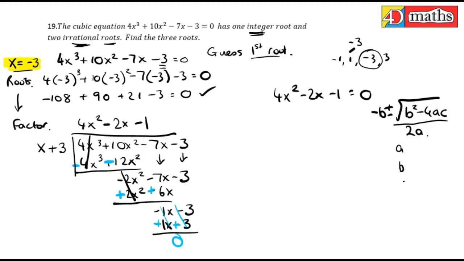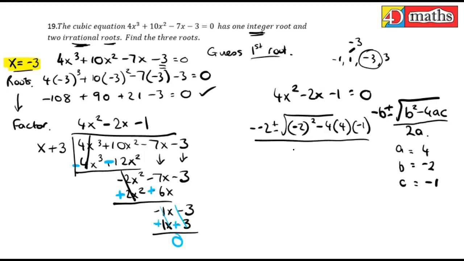So a, b and c are equal to 4, minus 2 and minus 1. So it's going to be minus minus 2 plus or minus square root of b squared, minus 2 squared, minus 4 times a times c, all over 2 times a.